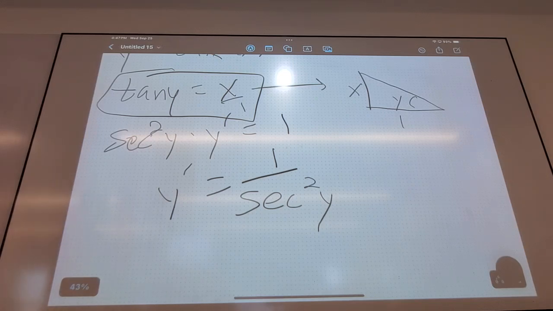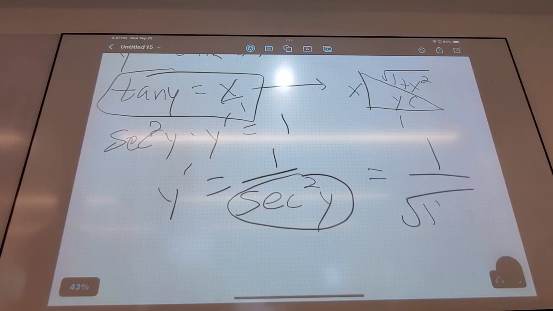And now I need to know what the secant is. What side am I missing for that? Hypotenuse, and then we have the old Greek dude. So this actually becomes 1 over the square root of 1 plus x squared. Is that cool? Because the secant would be hypotenuse over the x side.